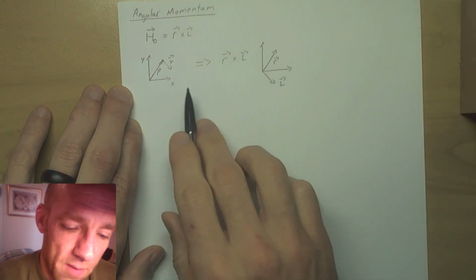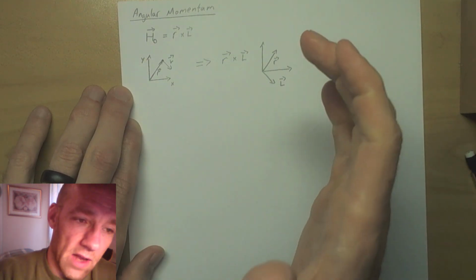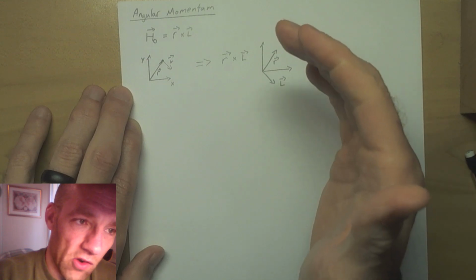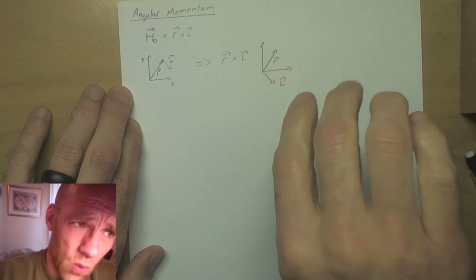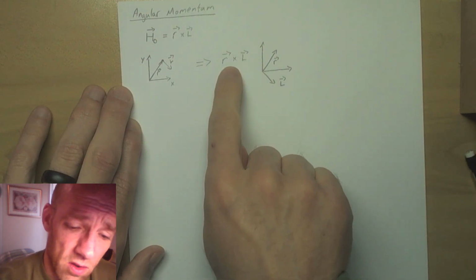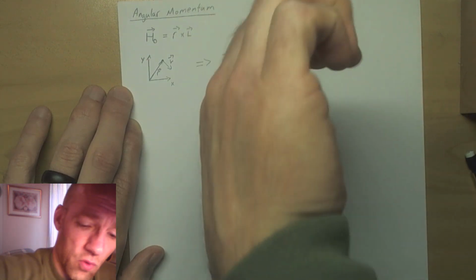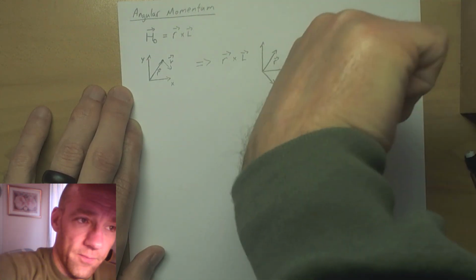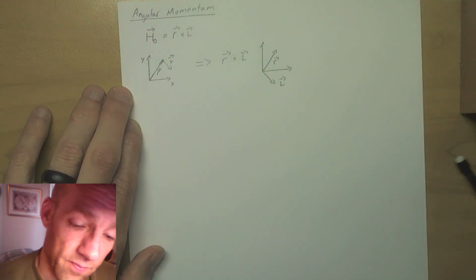However you need to think about it to be accurate, you can either think of it as the right-hand rule traveling in the direction of rotation of the particle itself, or if you want to use what we defined as the cross product, then the right-hand rule passing through R to L, you'll get the right answer. Okay.